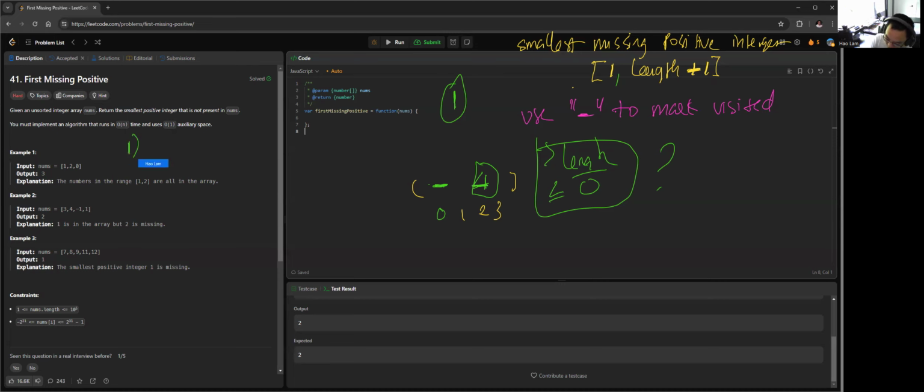So we need to make sure: if 1 does not exist, we return 1 as the smallest missing positive.